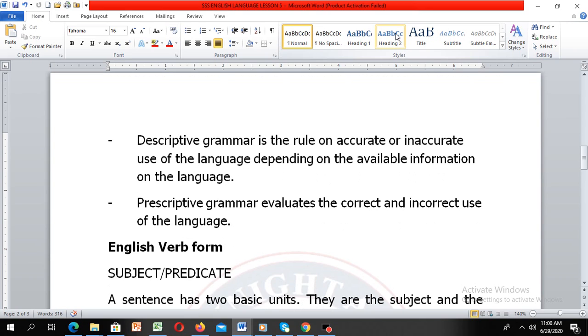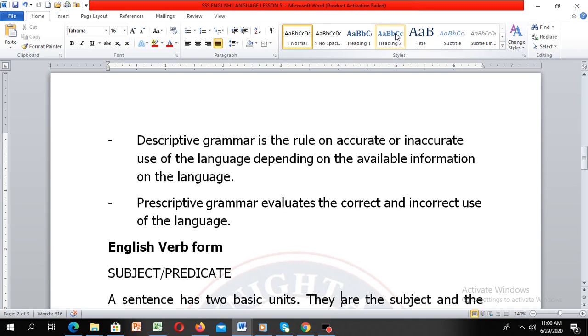Descriptive grammar is the rule on accurate or inaccurate use of the language depending on the available information on the language. Take it again. Descriptive grammar is the rule on accurate or inaccurate use of the language depending on the available information on the language.